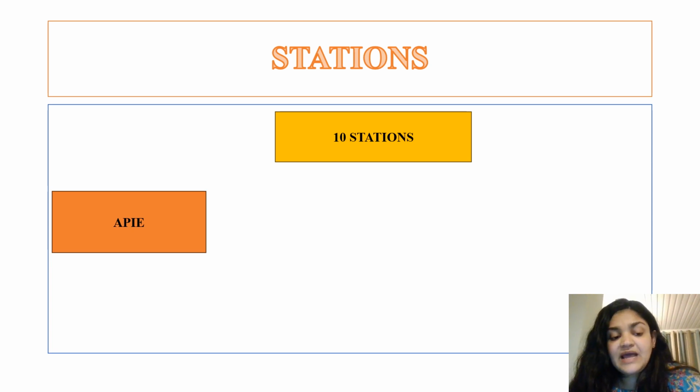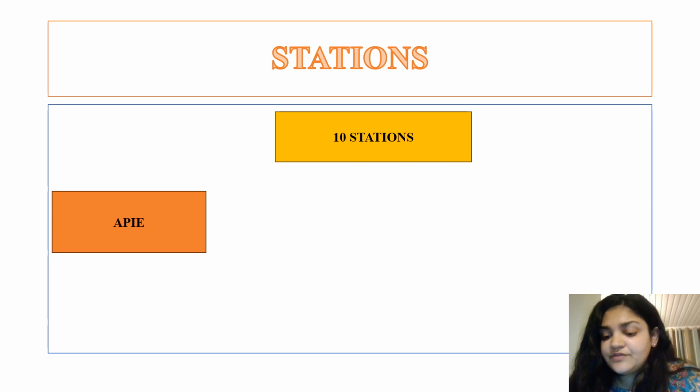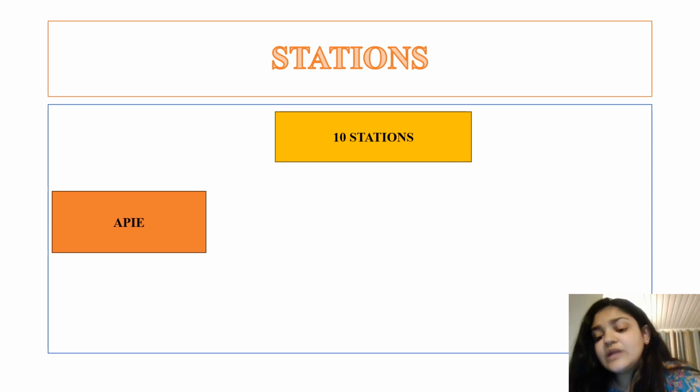Planning means we have to make two nursing diagnoses based upon the assessment of the patient. Then implementation is giving the medication to the patient, and evaluation is referring the patient from one ward to another ward, to the community, or to a specific team like a dietitian, psychiatrist, etc.